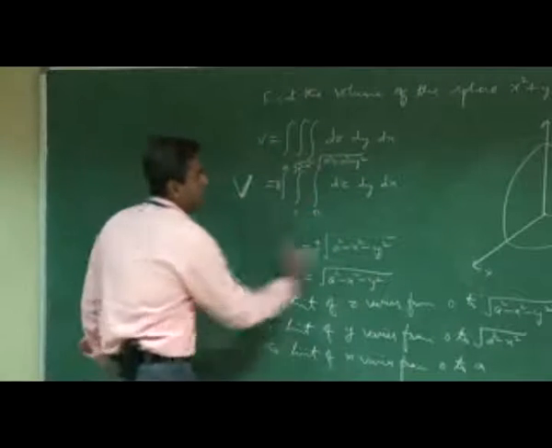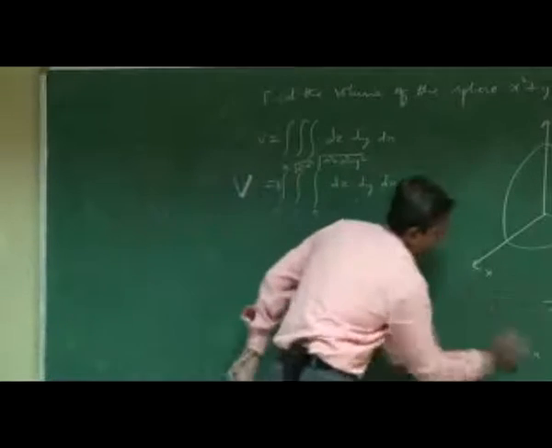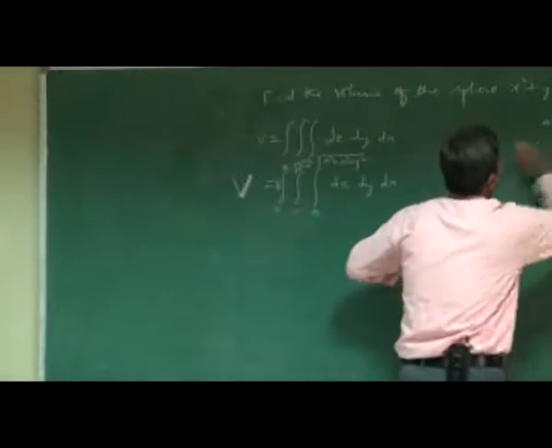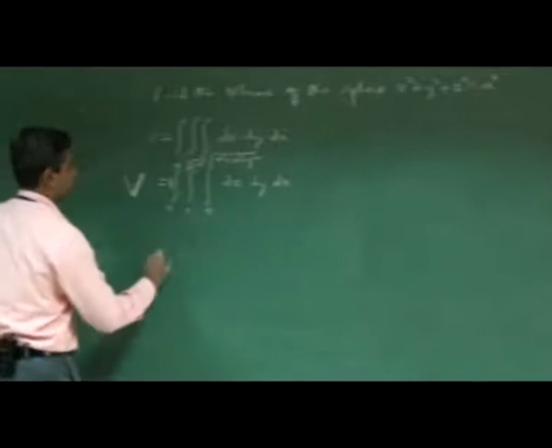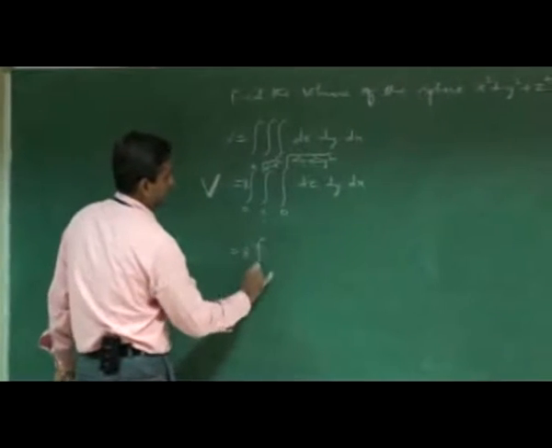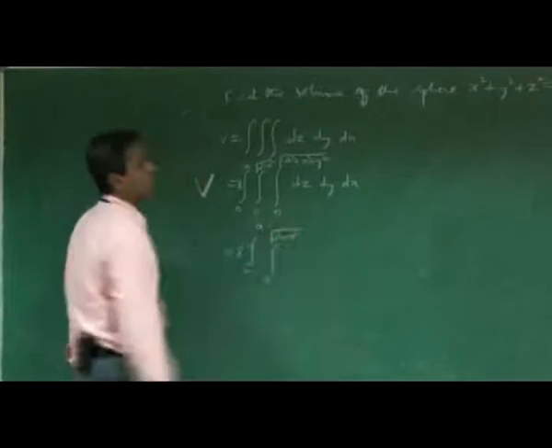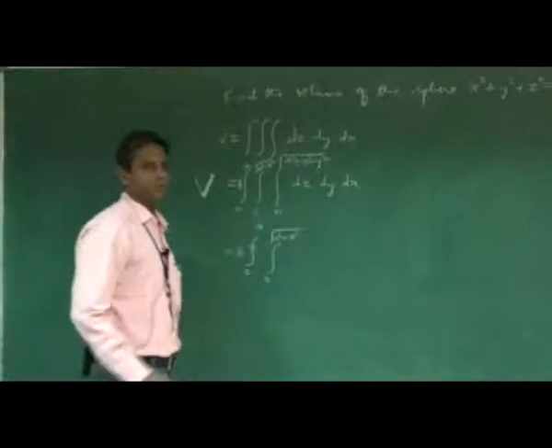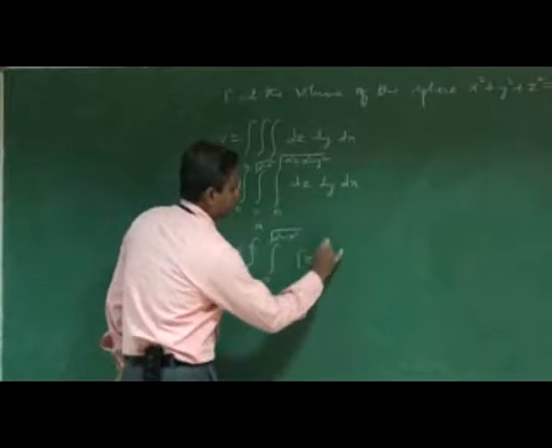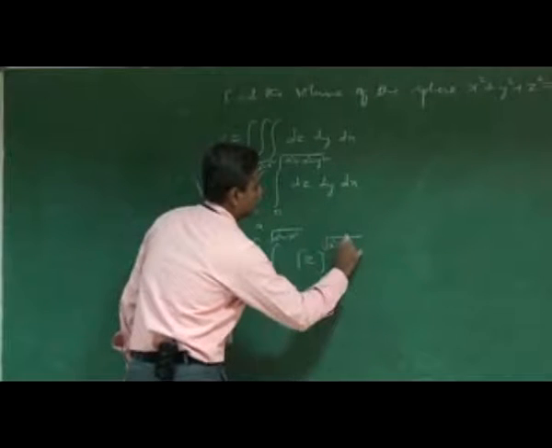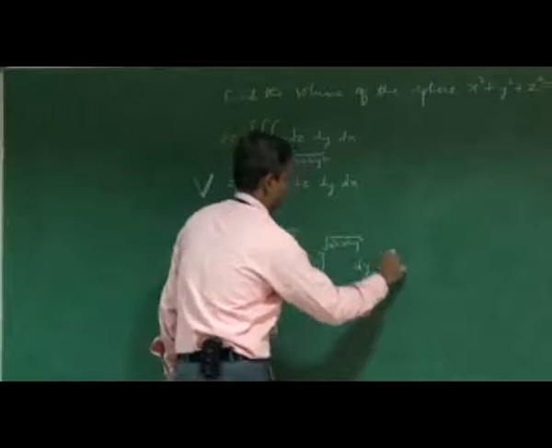So next we take the integration, that is 8 times the integral from 0 to a, the integral from 0 to square root of a squared minus x squared, and first we integrate with respect to z, so the integral of dz is z, with limits from 0 to square root of a squared minus x squared minus y squared, into dy into dx.